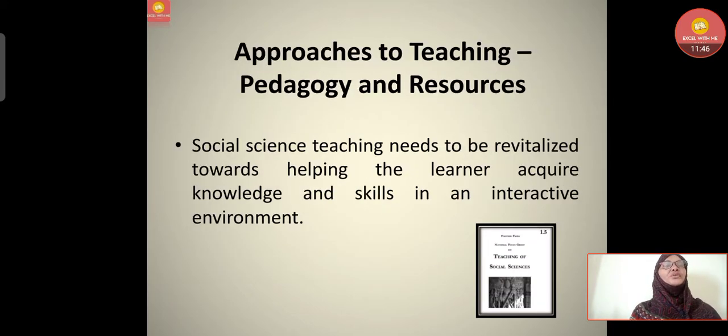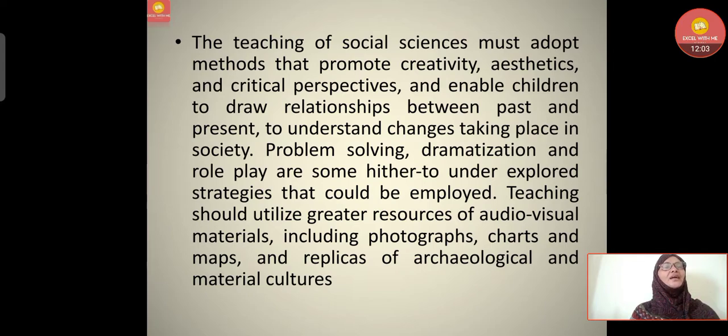Now, what are the approaches to teaching and pedagogy and resources they have discussed in the focus group? Let's understand. Social science teaching needs to be revitalized towards helping the learner acquire knowledge and skills in an interactive environment. Obviously, they should interact among themselves. The teaching of social sciences must adopt methods that promote creative aesthetics.